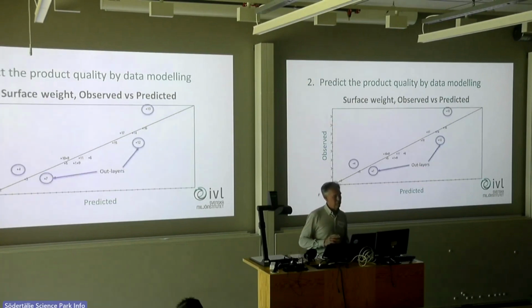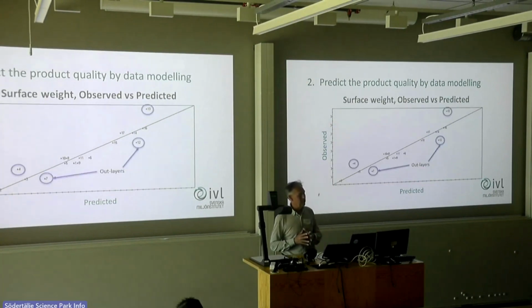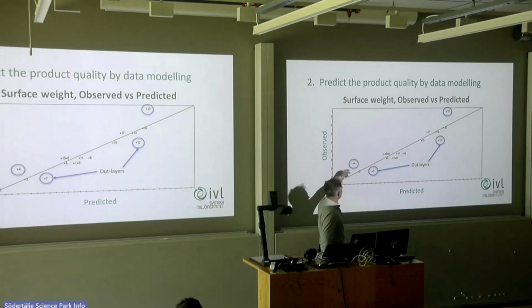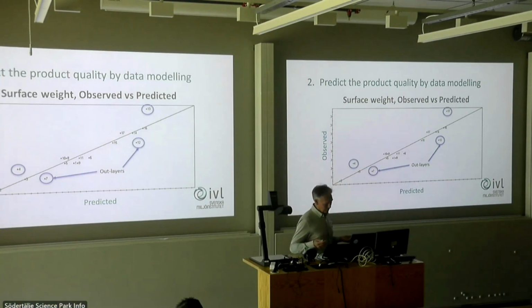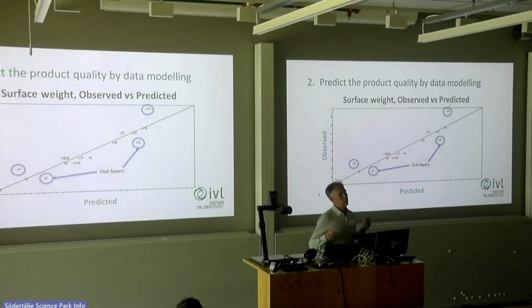Here's for the surface weight. I think we don't have the same nice correlation, and that's very interesting because those outliers probably represent results from what you are not measuring today. You're not taking samples, you don't analyze those parameters.